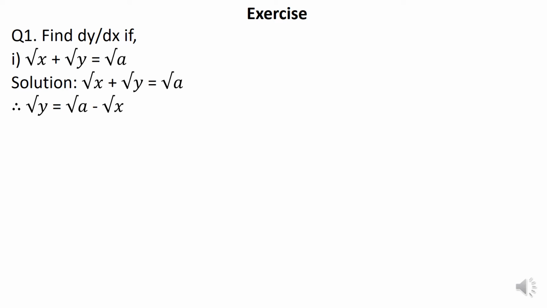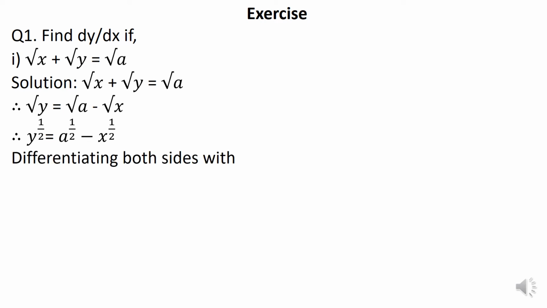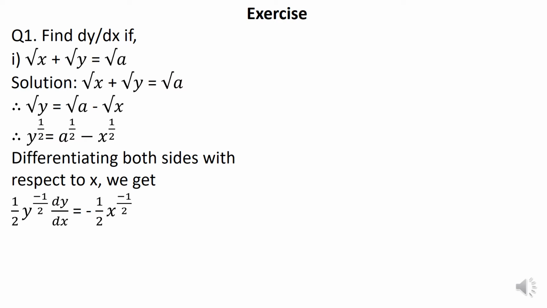Now the square root of any term is raised to the power half. So root y is y raised to half. Similarly, root a and root x are also raised to half. Thus we get the next step here. Now we differentiate both the sides with respect to x. So on the LHS, y raised to half, we use the formula: the differentiation of x raised to n is n into x raised to n minus 1.